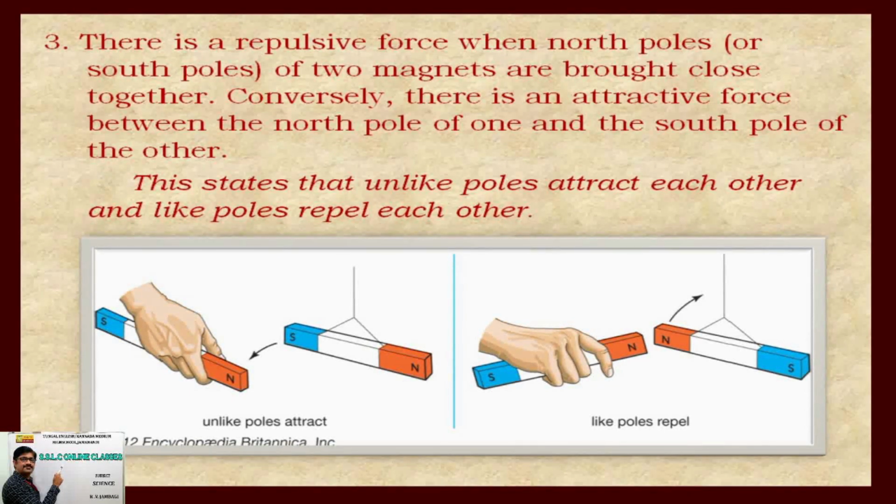Whenever you bring two same poles, say north and north, or sometimes south and south, they repel one another. Whenever you bring the north and south poles of two different magnets near each other, they attract. This states that unlike poles attract each other, whereas like poles repel each other.